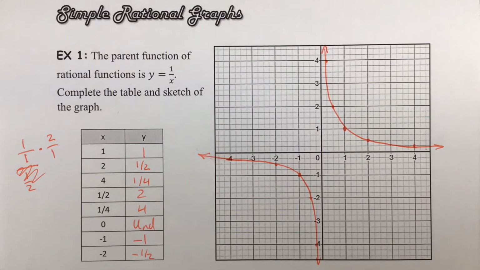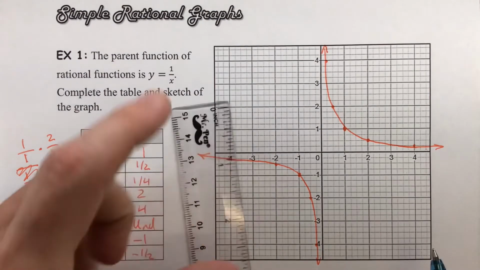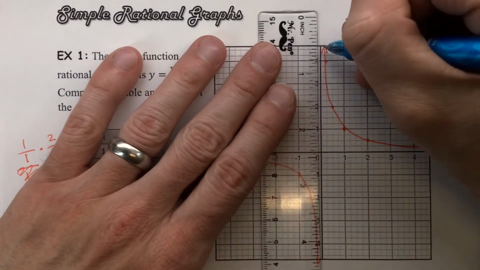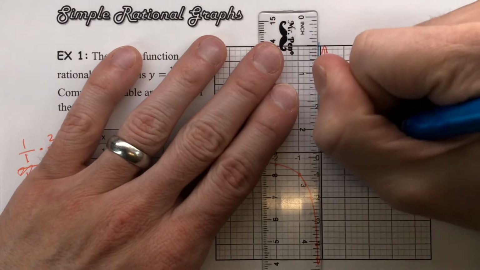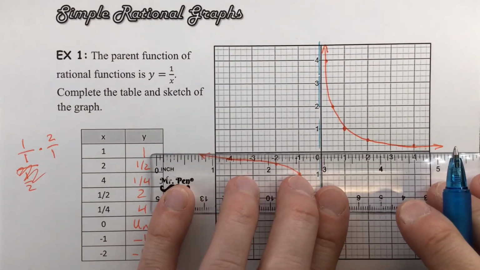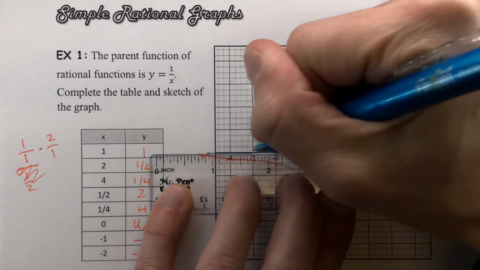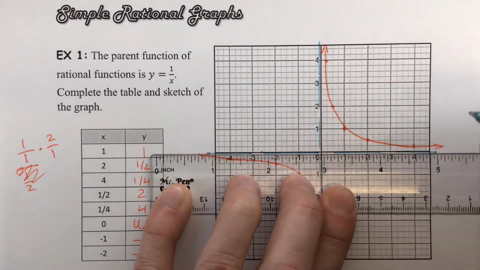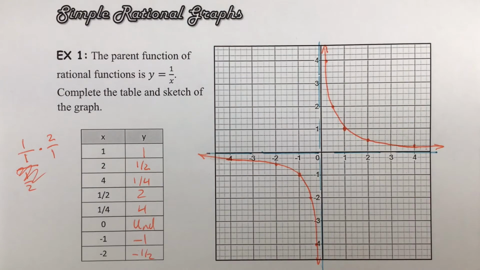And as mentioned before, we do actually have asymptotes here. You have a vertical asymptote at the y-axis. You have a horizontal asymptote at the x-axis. And this is the parent function for rational graphs.